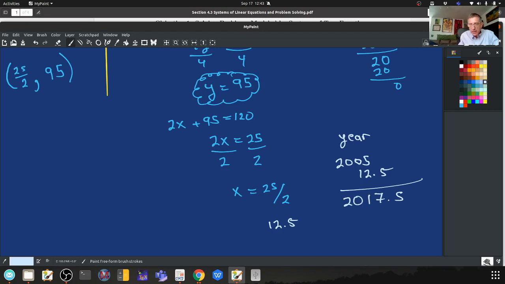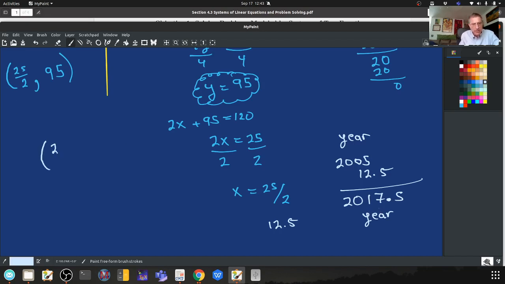And in 2017, around the midway point through the year, sometime in June, is when the two consumptions of the meat and the poultry will actually be the same. But this is going to be the solution.